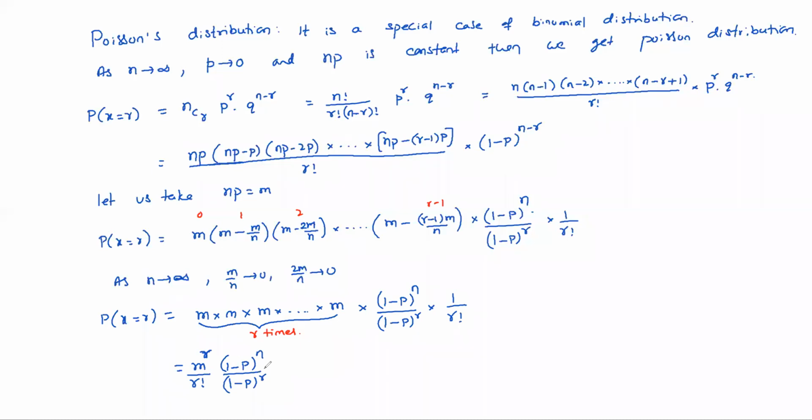Again, p is what here? p is m by n. So this is m to the power of r by r factorial, with 1 minus p being 1 minus m by n, so 1 minus m by n to the power of n by 1 minus m by n to the power of r.